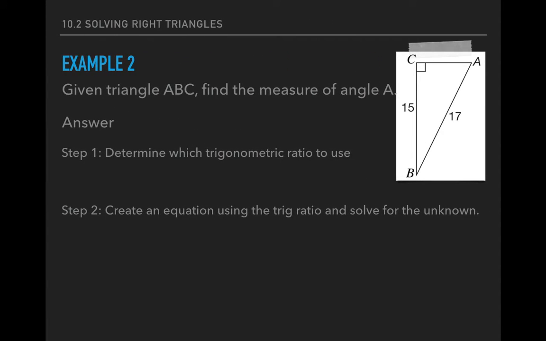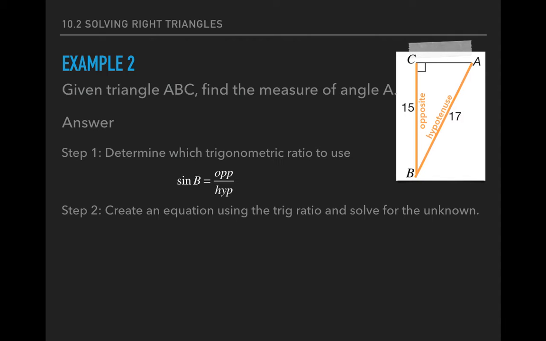Say we were looking for angle A. What we know is this side here is 15. That is the opposite side. And we also know that this side is 17, and that is our hypotenuse. So if we're working with angle A, and we're looking at a ratio that's going to include the opposite and the hypotenuse, we're working with a sine ratio.